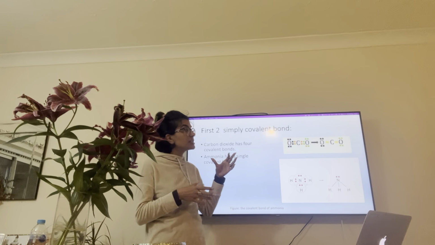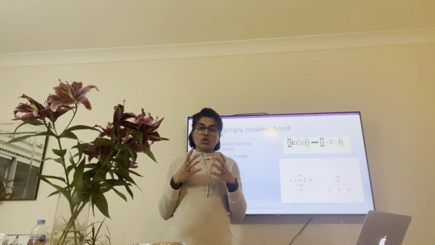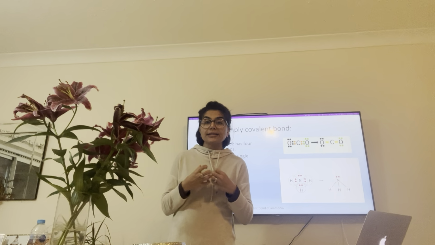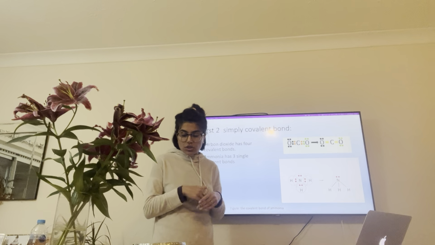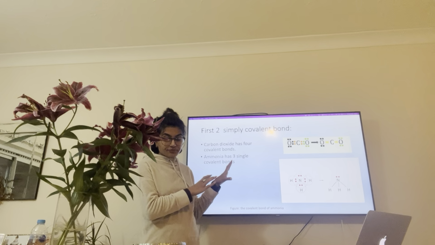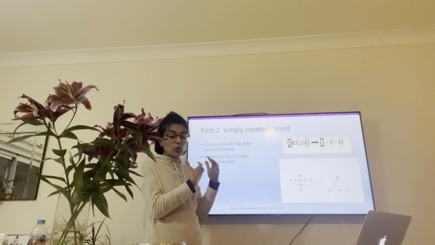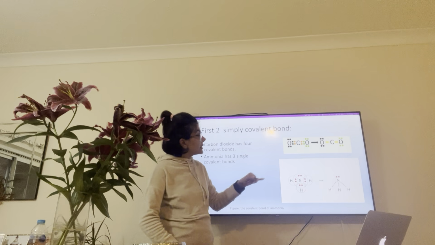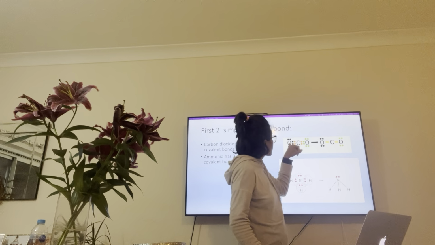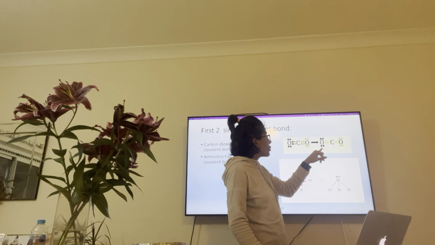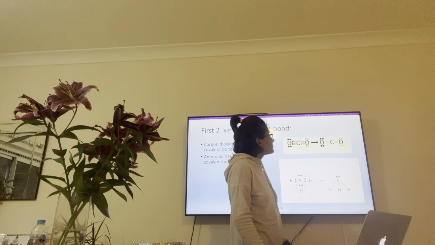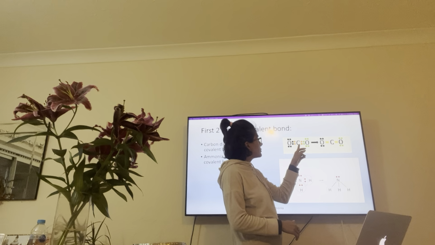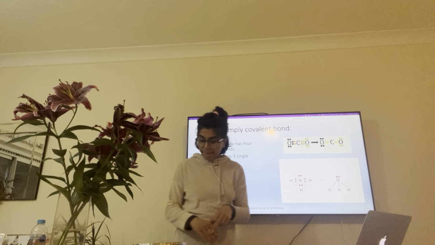So oxygen needs 2 electrons to reach the octet state. So the oxygen shares 2 electrons with carbon and forms 4 covalent bonds. We have a picture that explains exactly that, with 4 covalent bonds here between oxygen and carbon.